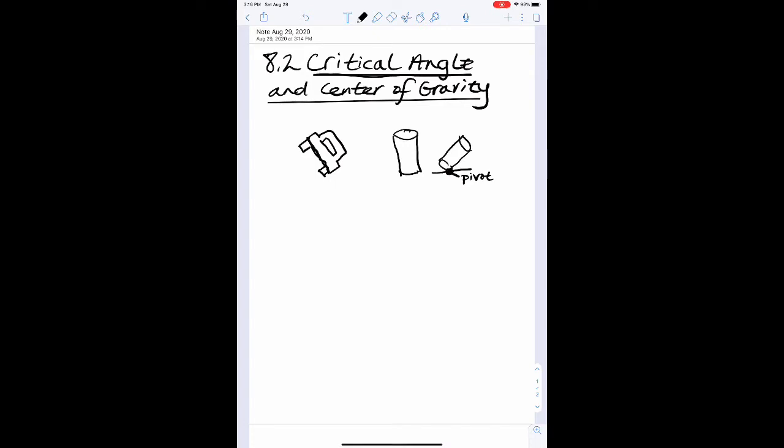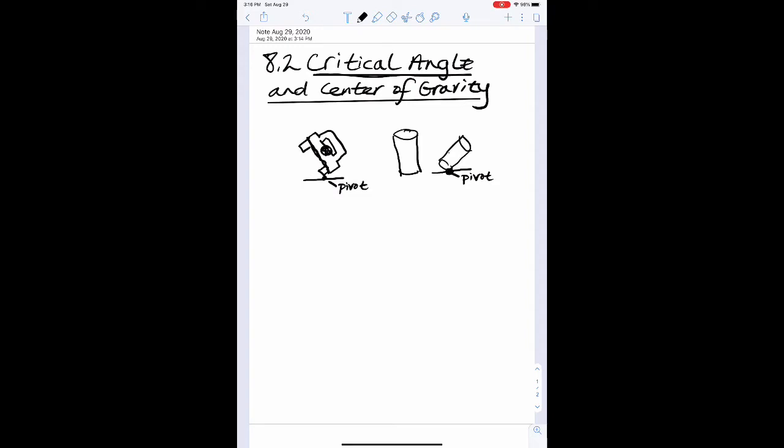This point right here is the pivot. And this works, and the object can stay right there when the center of gravity is directly over the pivot.